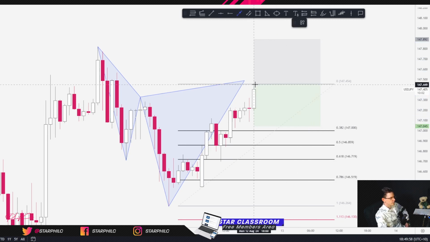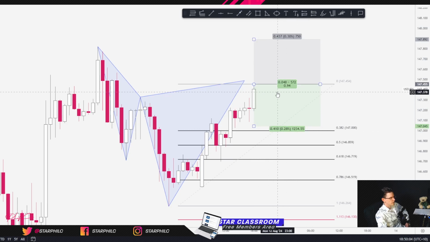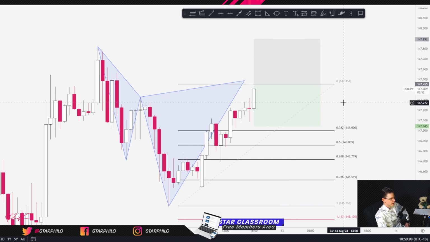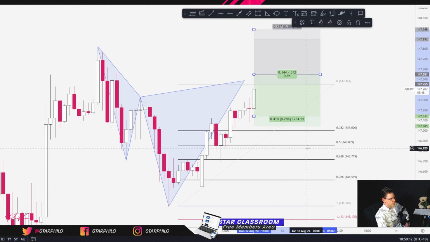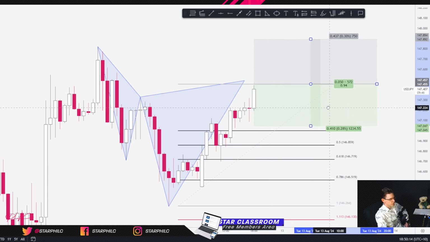Why? Because if price action comes down and it doesn't quite go all the way, we want the highest probability that we are going to hit targets. And also, we want to make sure that we account for the spread as well, which ties into increasing the likelihood that we hit targets.